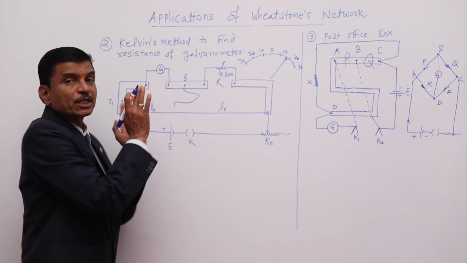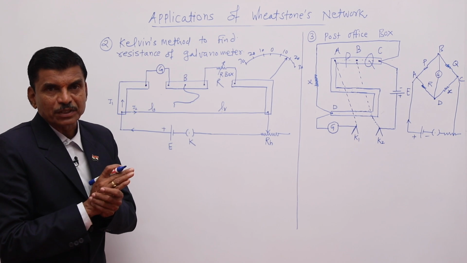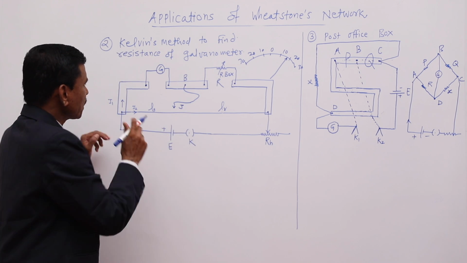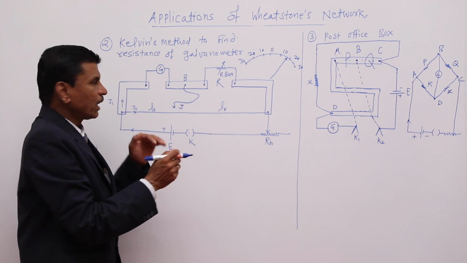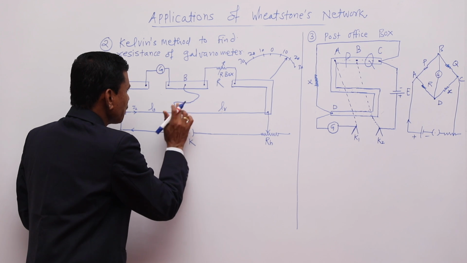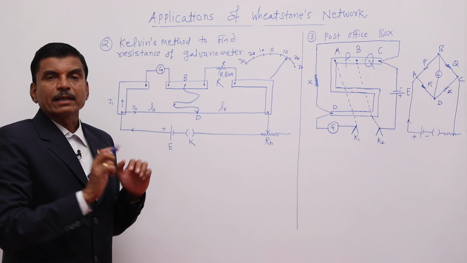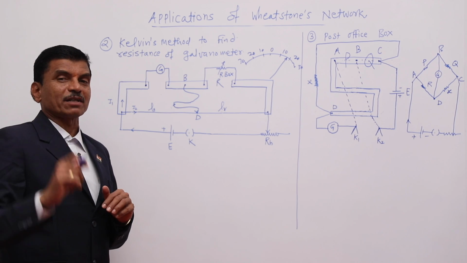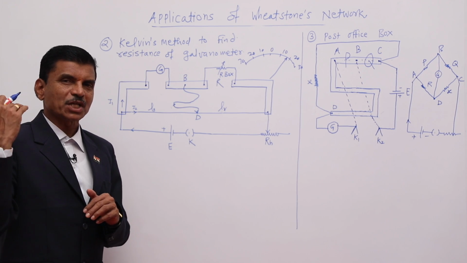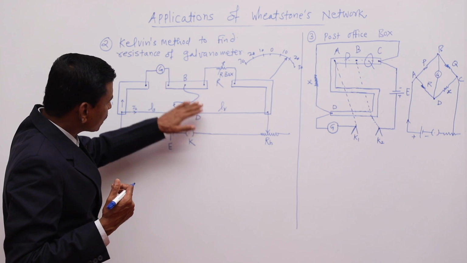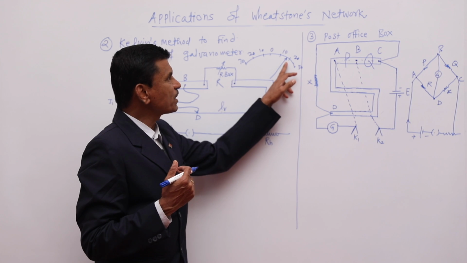We have not connected the jockey; there is no contact point. Now this jockey J is touched at different points, and we have to find the contact point D in such a way that the galvanometer will show the same deflection as before without touching. When the jockey is not touched to the wire, the deflection is let us say 18.